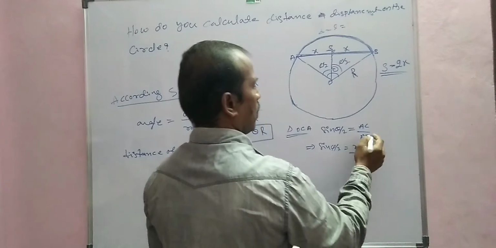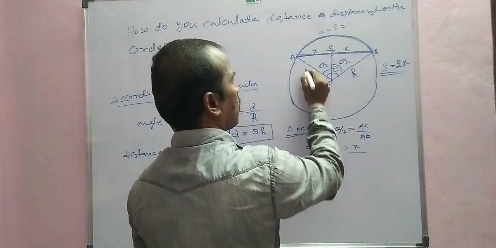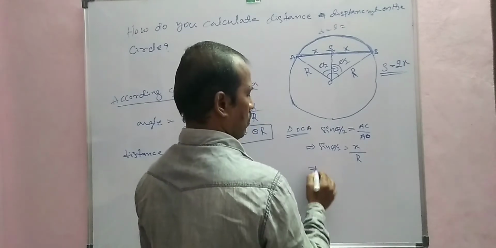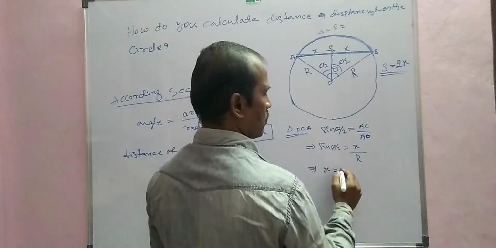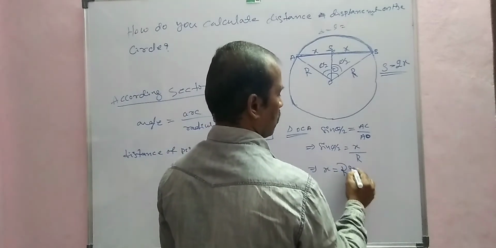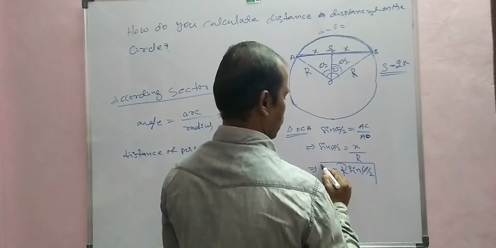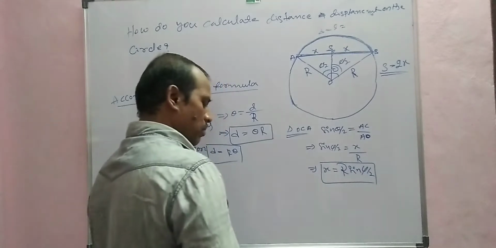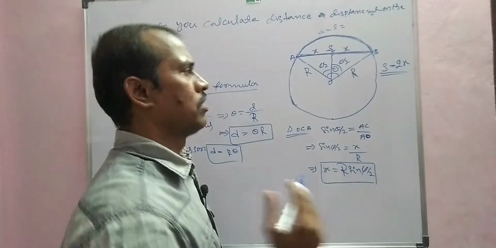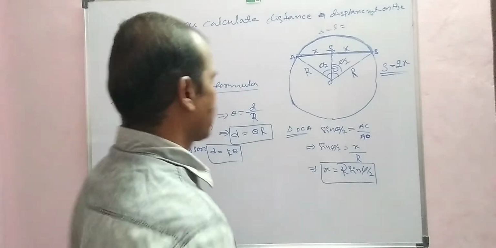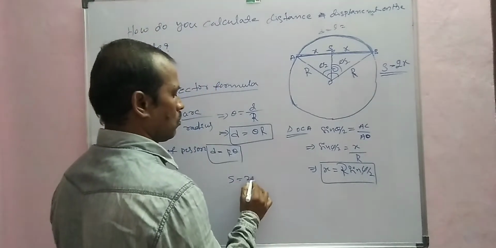By cross multiplication, x is equal to r sin theta by 2. Now the displacement of the person is S equal to 2x.